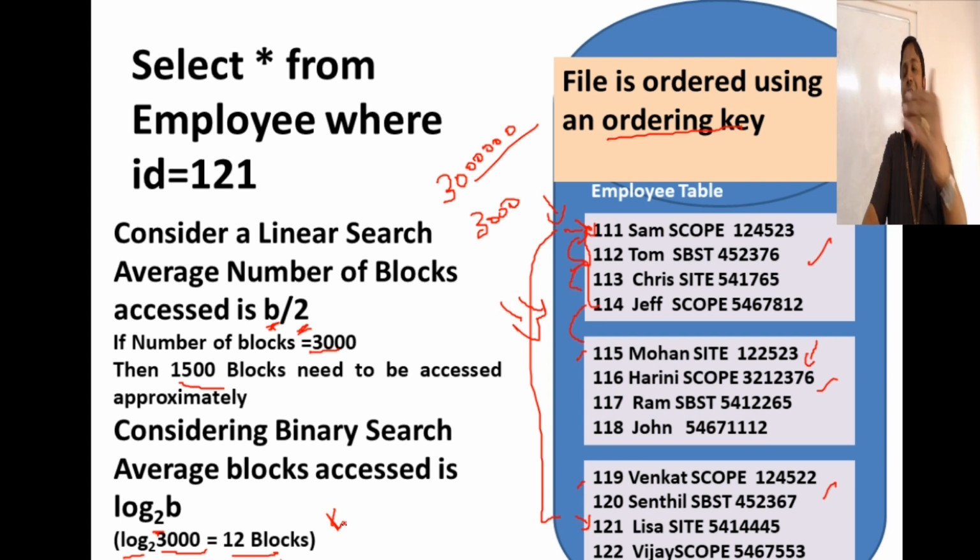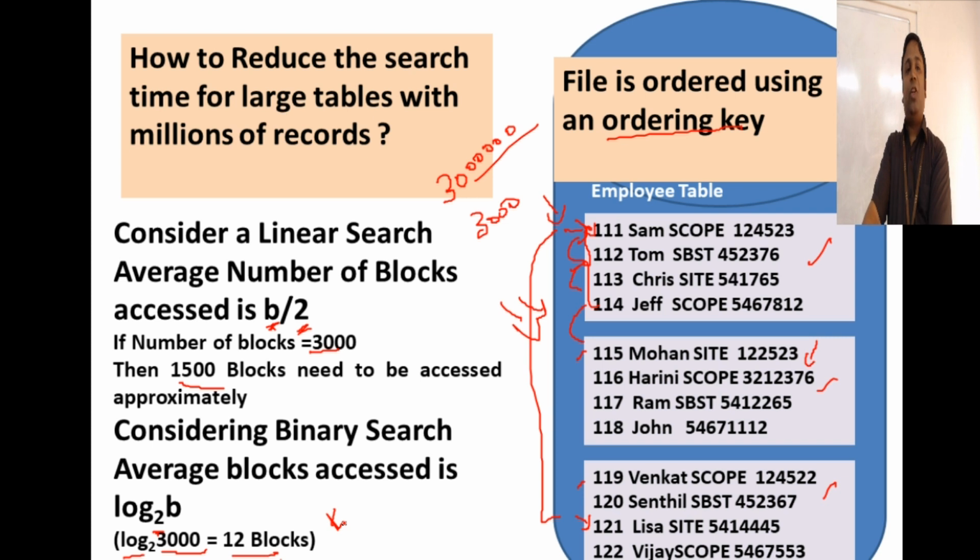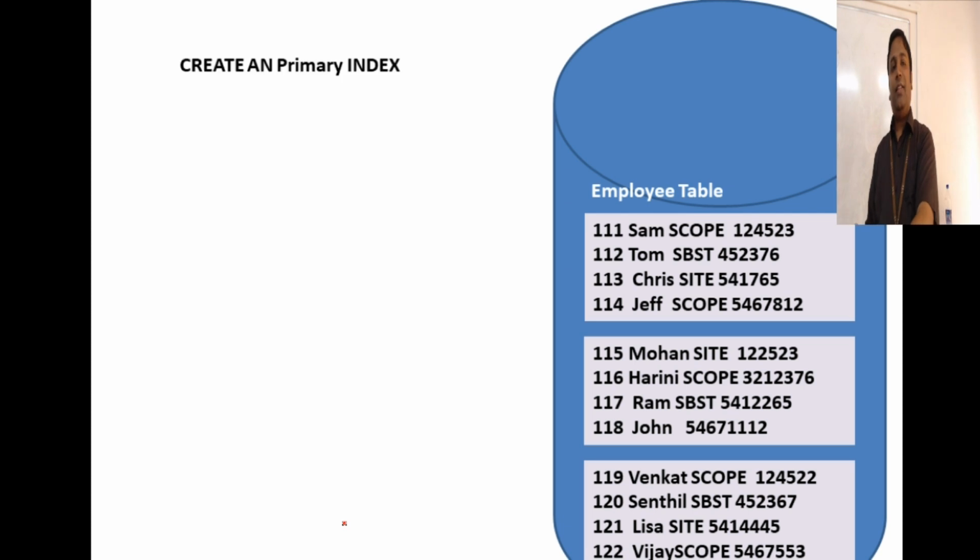So how to reduce the search time? That is the question we have. How to reduce the search time for large tables with millions of records? See, a table can run into many gigabytes. So in that case, your number of blocks will be very huge. Even when you apply binary search, it may take more time.